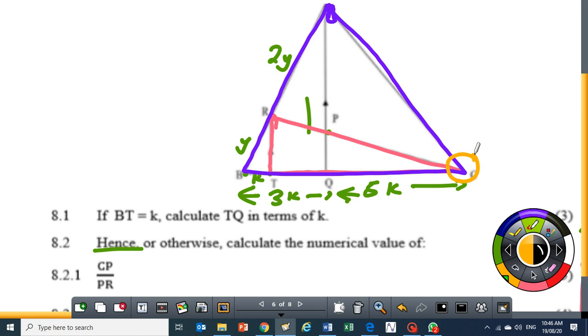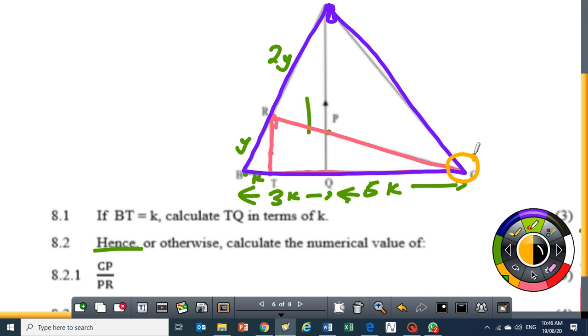Okay, because if that's the common vertex, for triangle ABC we can easily draw the height. But the height of ABC won't be equal to the height of triangle CRT, because the base of CRT won't be along the line AB.